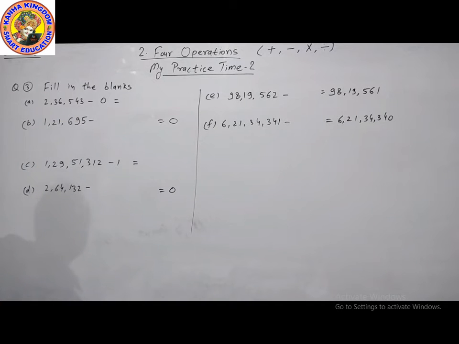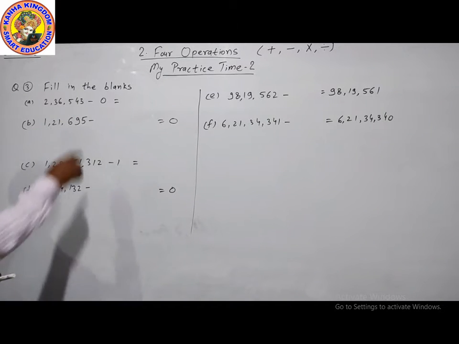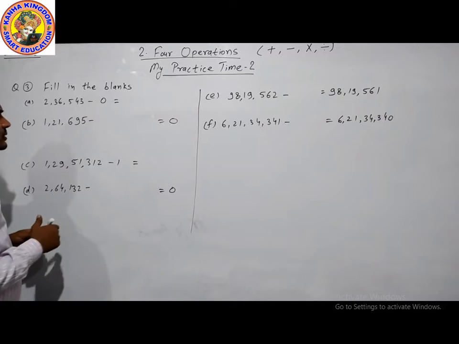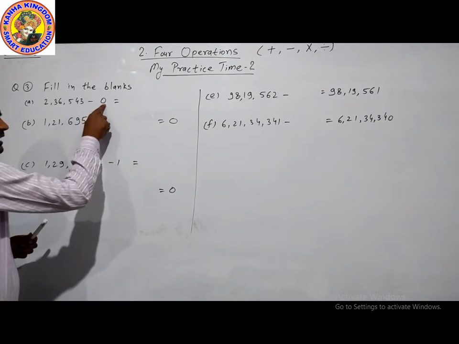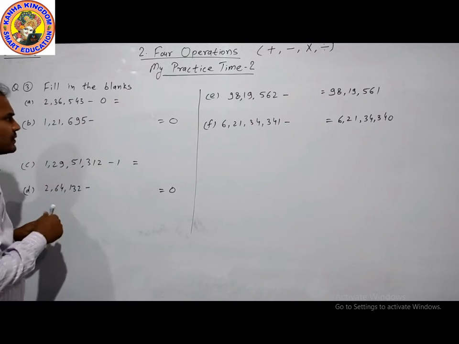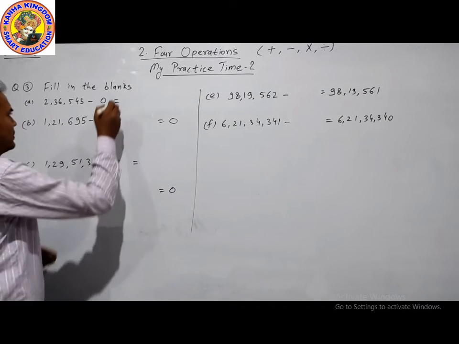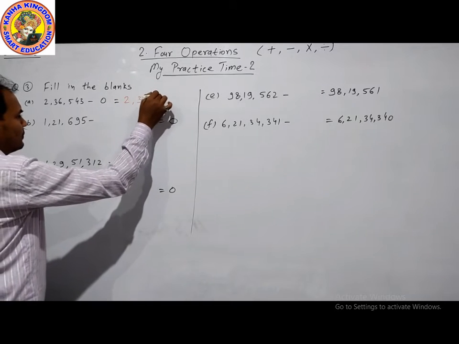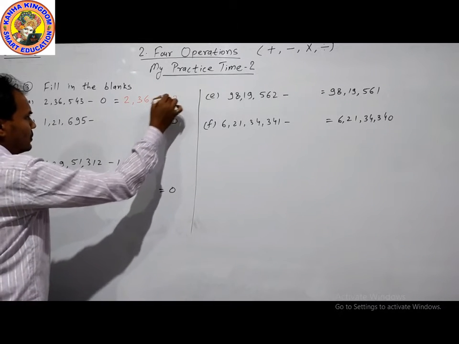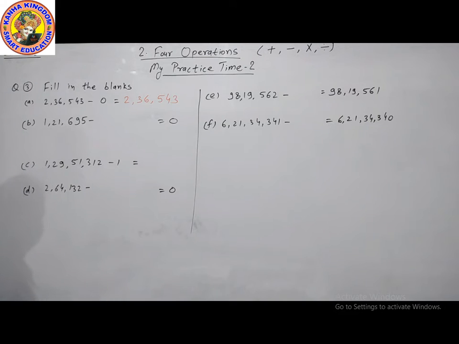We know that in any number, when we subtract 0, the answer is the same number. When we subtract 0 from any number, the answer is the same number. So this is our answer.